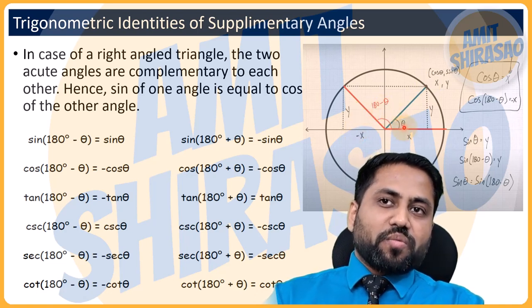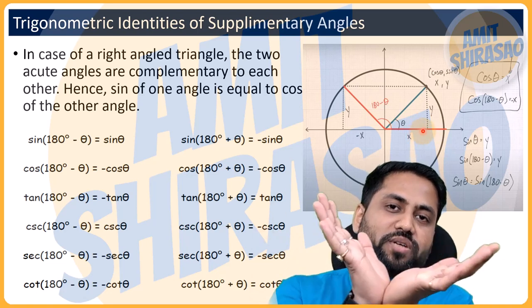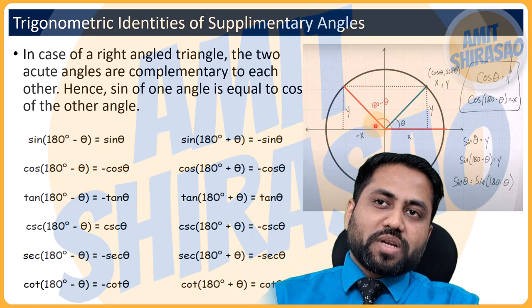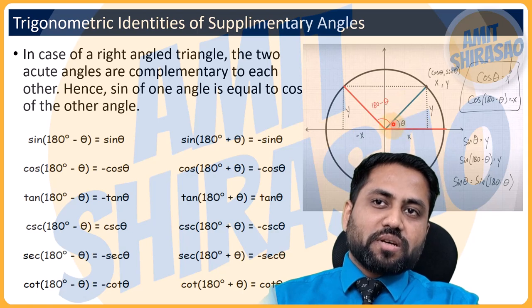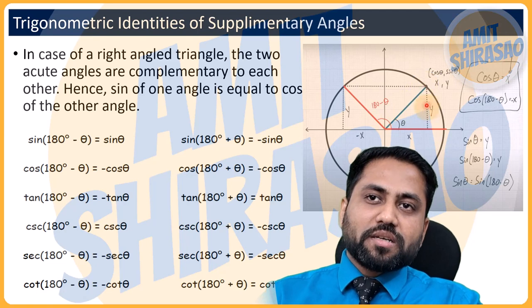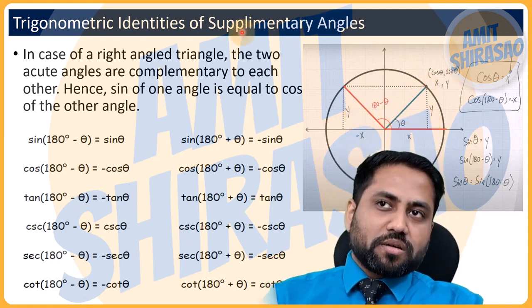Now I have drawn them like this, but just imagine that I'm flipping this red one like this. So what will happen? This will be minus x, and this one will just overlap this particular line. Got the idea?